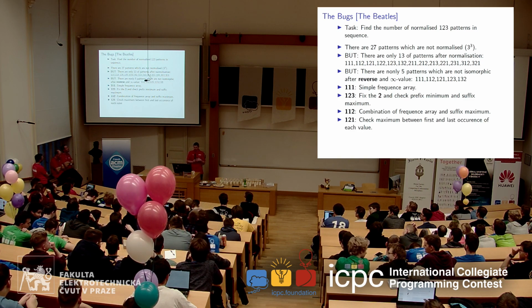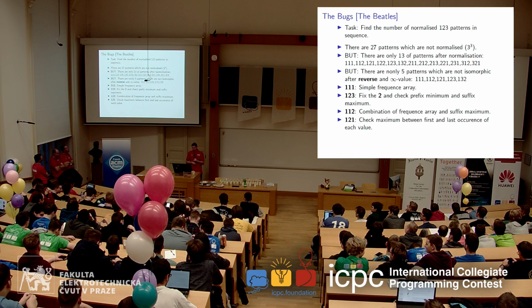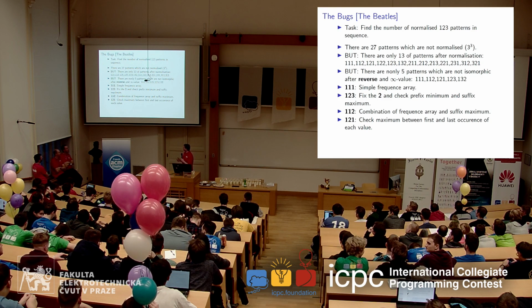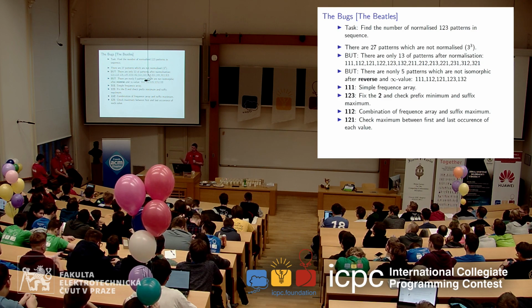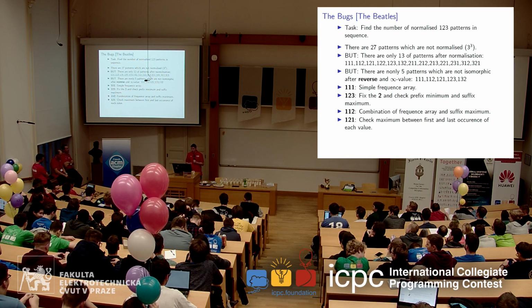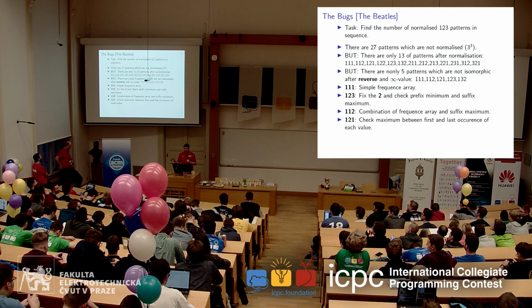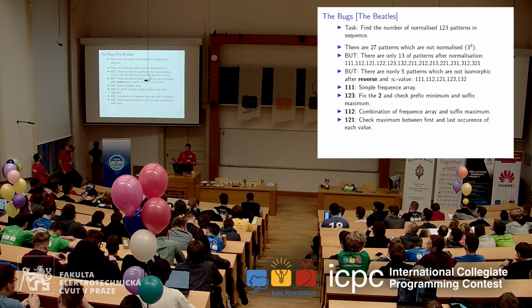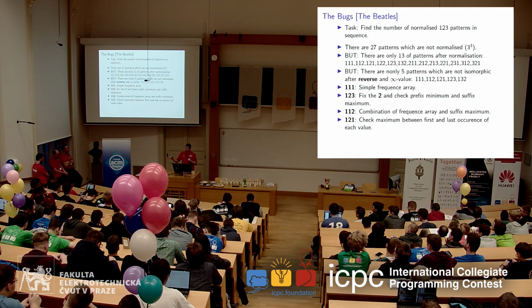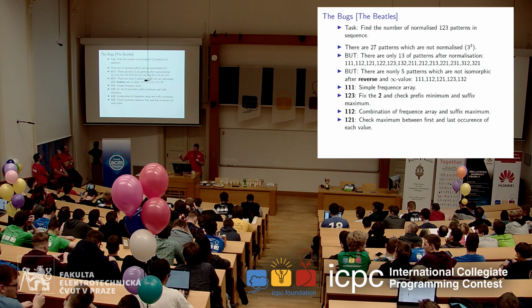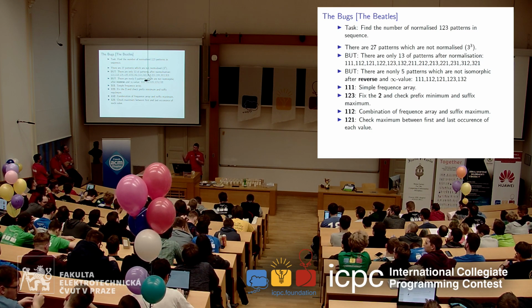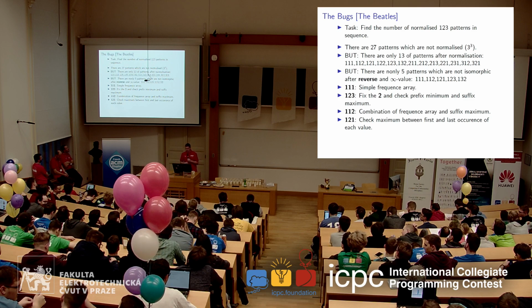The next 2 things were slightly harder. For this one there could be used, for example, some data structure which could check the maximum on a subsequence or subarray between the first and last occurrence of some number.